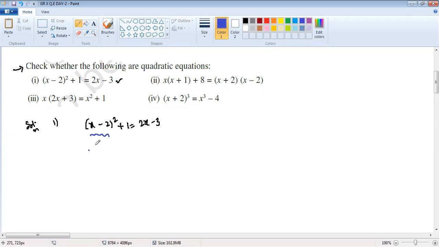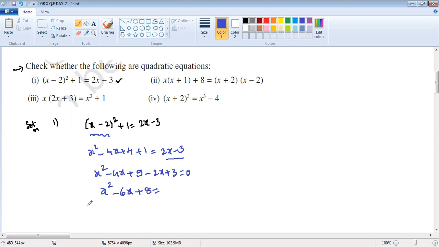So x square minus 4x plus 4 plus 1 is equal to 2x minus 3. Simplify the left side: x square minus 4x, 4 plus 1 is 5, and carry these terms to the other side, minus 2x plus 3. Then we get x square minus 6x plus 8 is equal to 0.